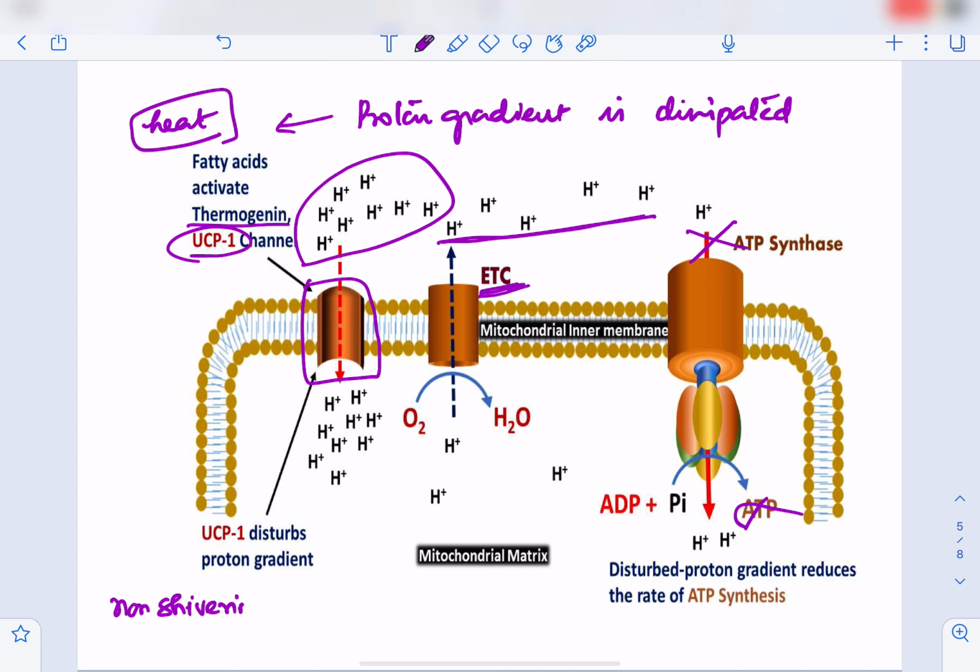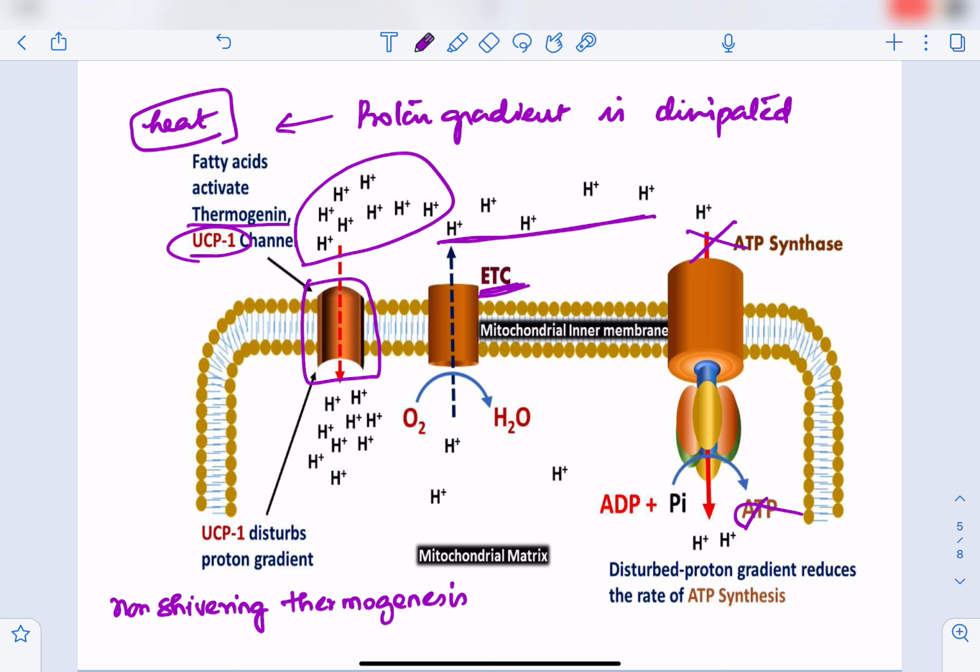It is mostly concentrated in the brown adipose tissue. It is brown because of its higher concentration of mitochondria, and in there the thermogenin uncoupler protein 1 channel is present.